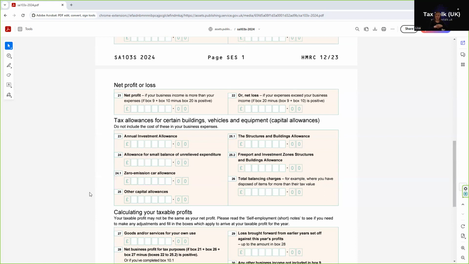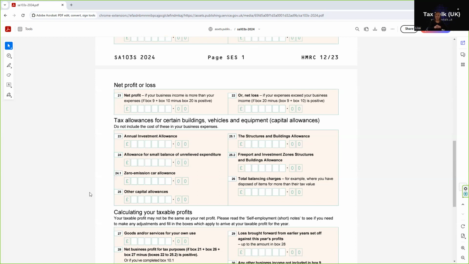Again, we go into more detail on this in other videos, but this is the option where you are able to tell HMRC about the assets and whether you're depreciating them, claiming capital allowances, or claiming annual investment allowance. Any capital allowances that you do claim will adjust your taxable profit.